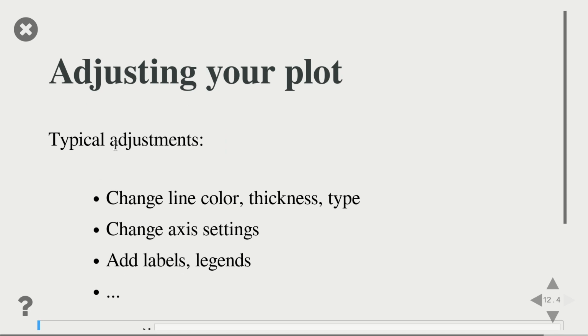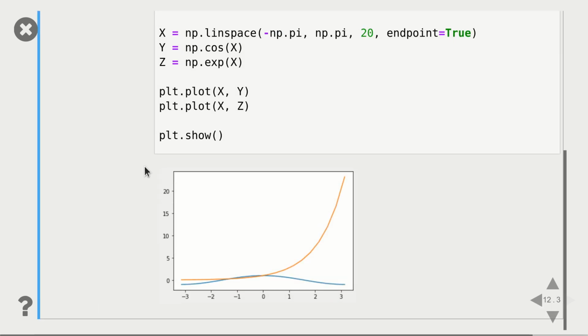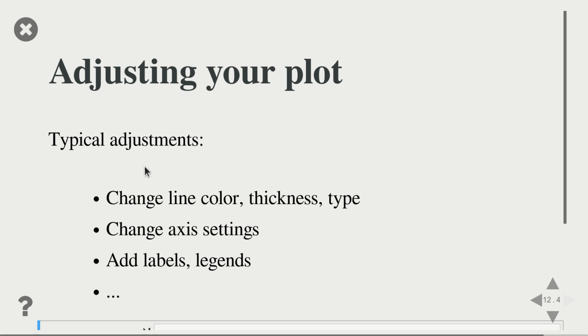This is useful for your own sake, just so that you can inspect the data. But it's also really useful when you write your bachelor or master thesis and want to visualize the data. And of course, when you publish your results, it's important that you adjust your plots a bit more.